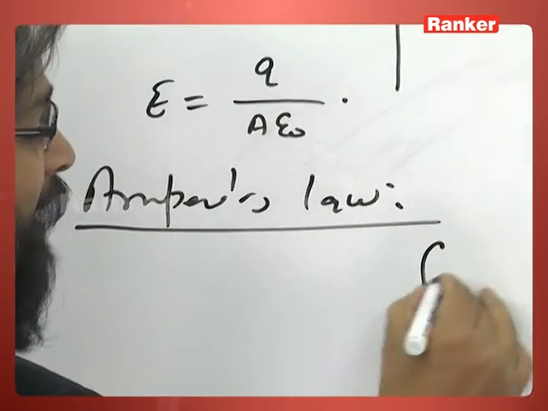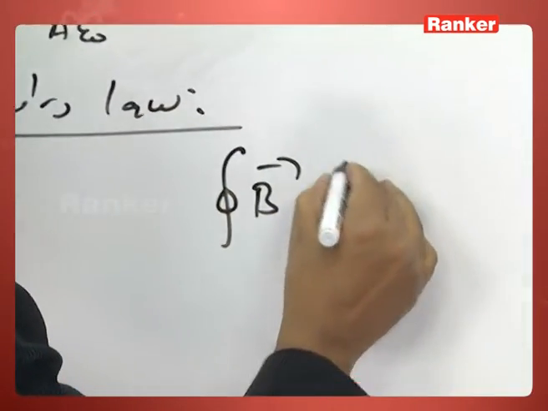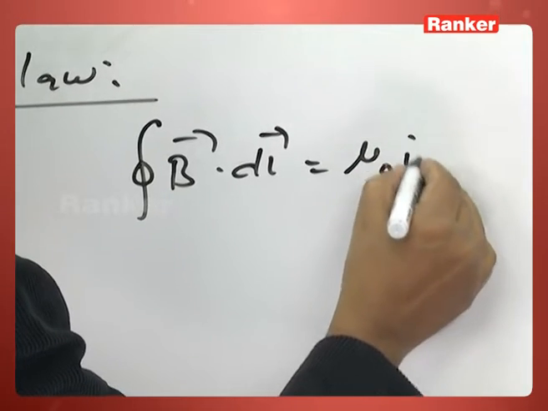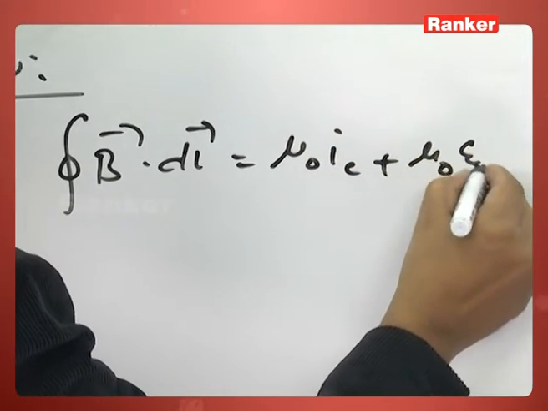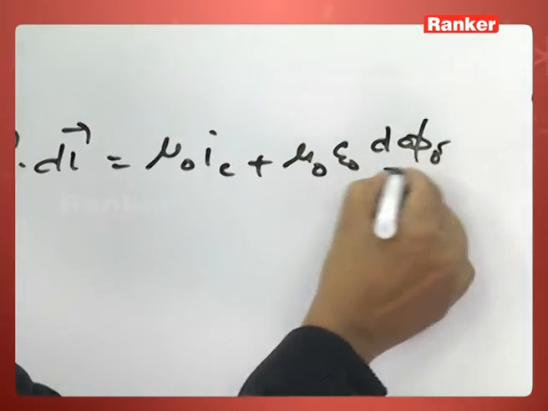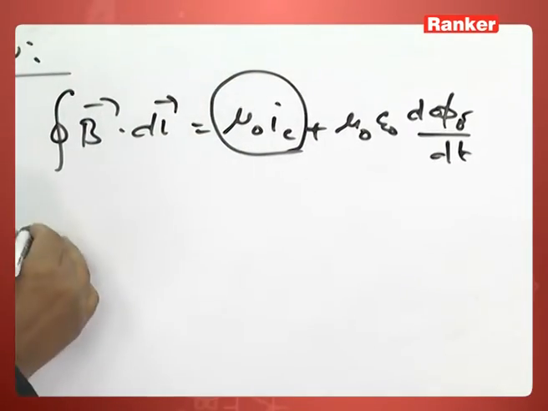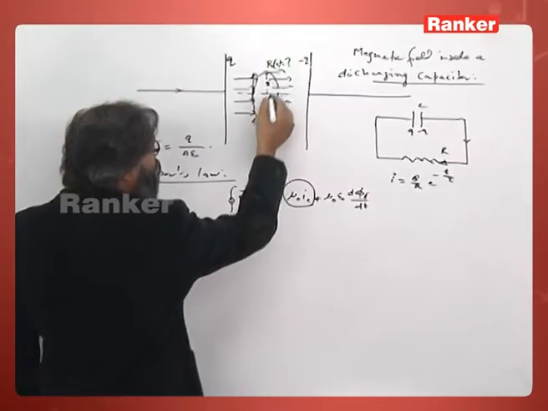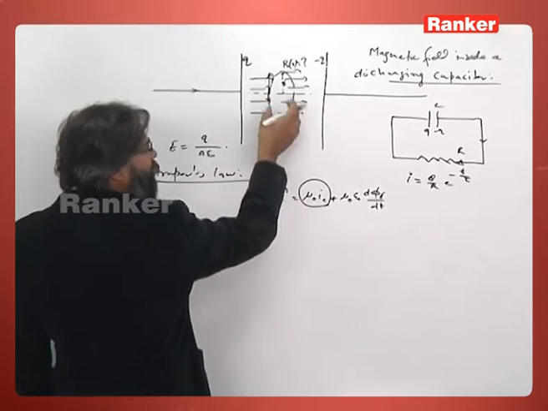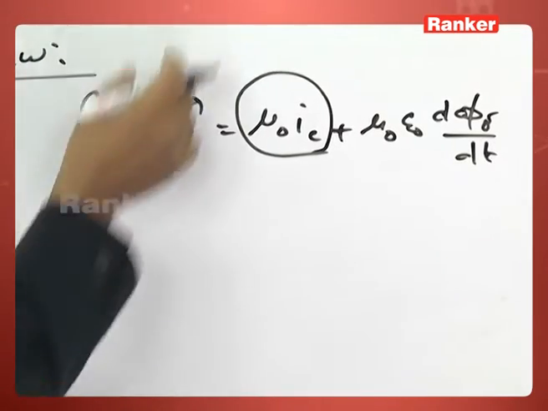Then we will write this as integral B dot dl is equal to mu naught I C plus mu naught epsilon naught d phi E by dt. Now this I C quantity is going to be 0. B is what I am interested in. Due to symmetry, B is constant, so it comes out of the integral.